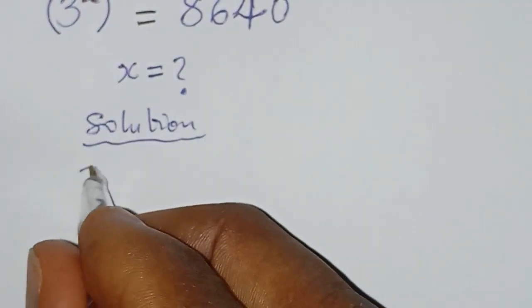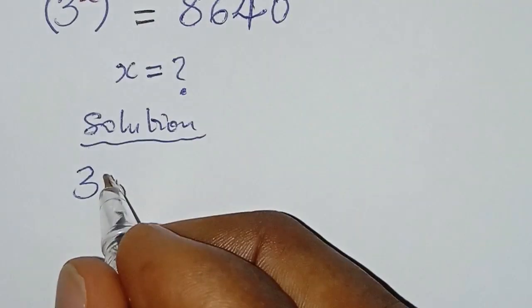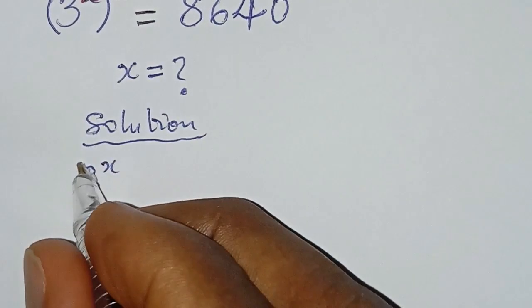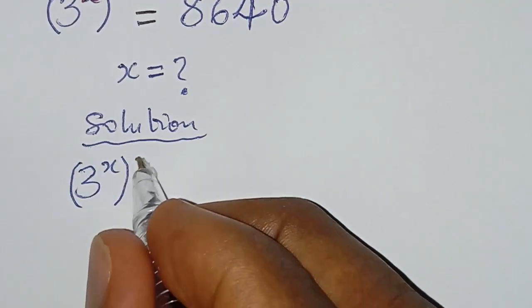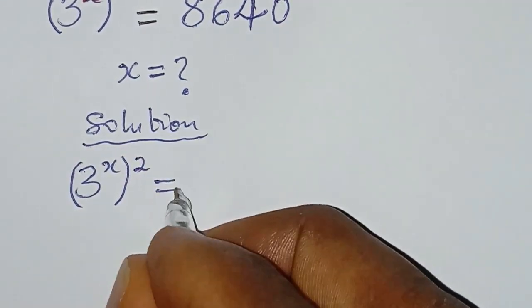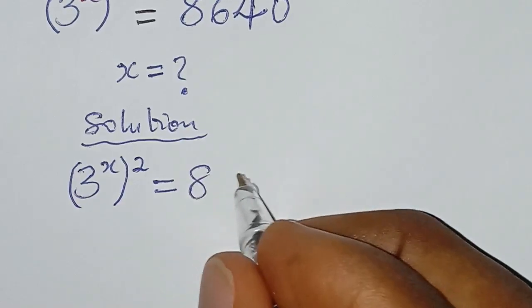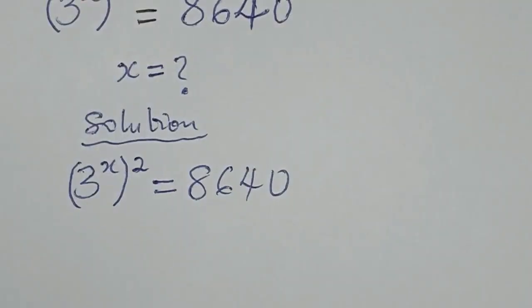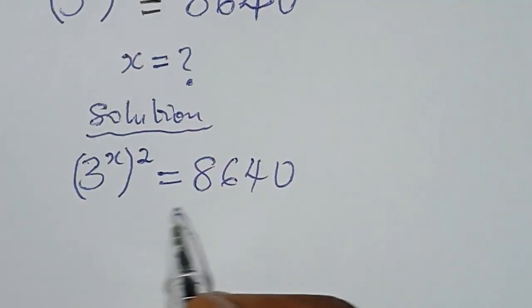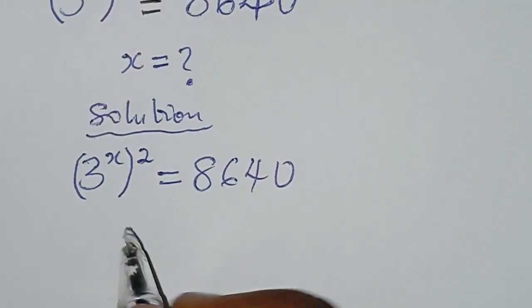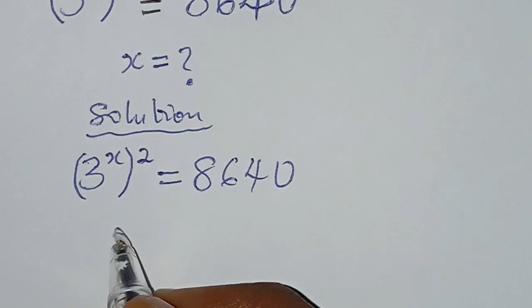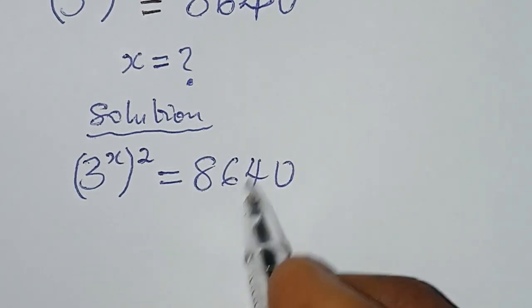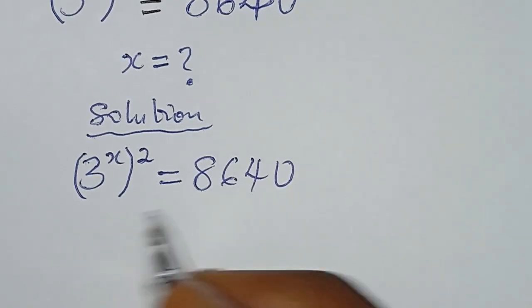We have (3^x)^2 is equal to 8,640. To solve for x here, what we do next is to simplify this right hand side.